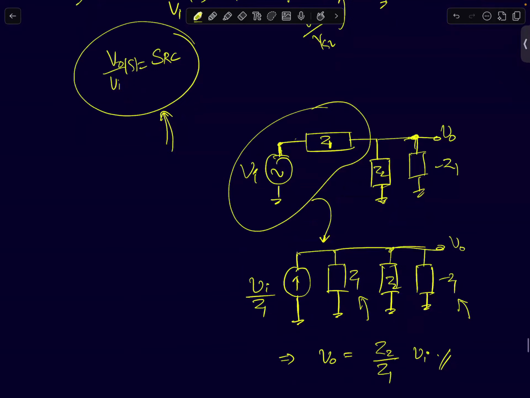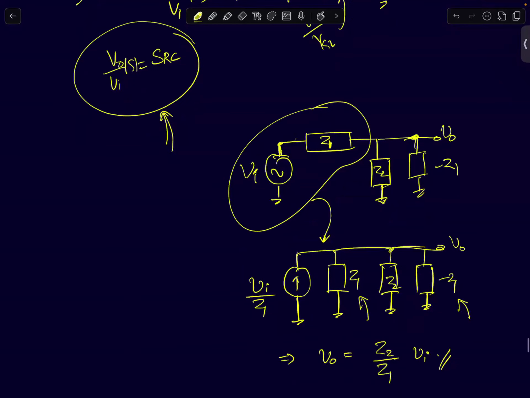If you recall, both op-amp based integrator and op-amp based differentiator were operating on this principle. We just put two impedances and then realized a ratio of two impedances. That's how you got an inverting integrator. It was the ratio of capacitance to resistance. In an inverting differentiator, it was a ratio of resistance to capacitance. The transfer functions were Z2 by Z1 with a minus sign.